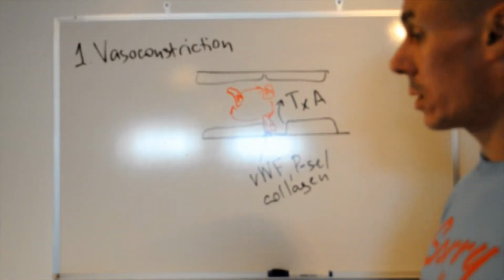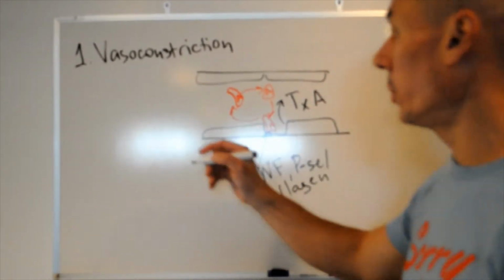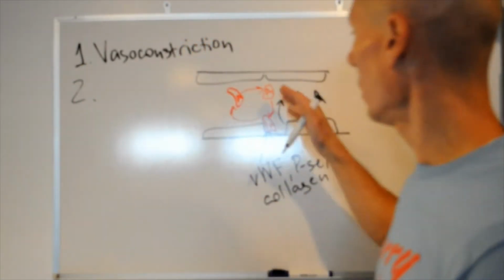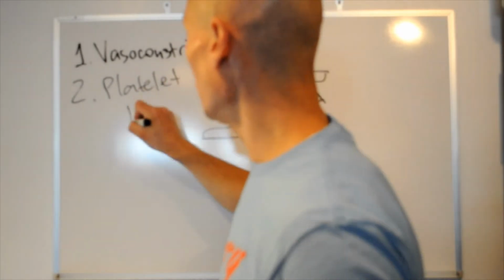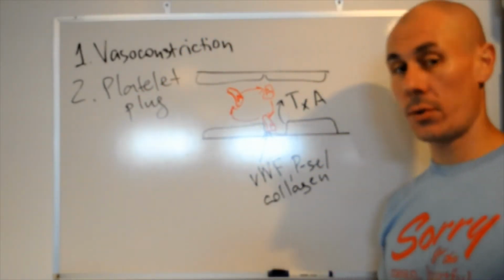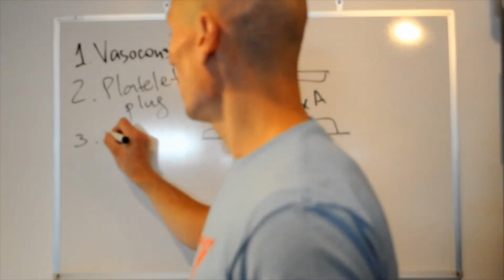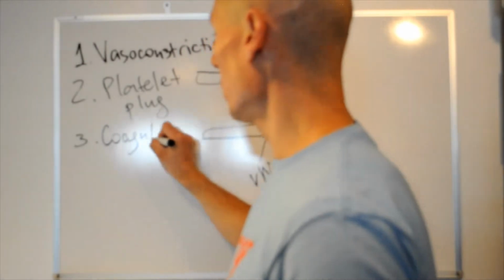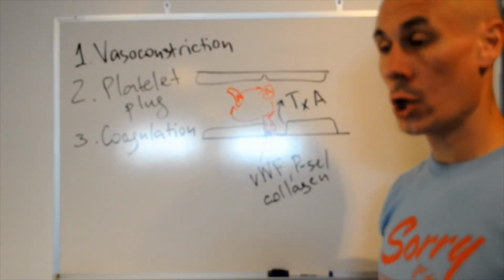So vasoconstriction, second, what we just described, the circular activation of platelets and formation of the platelet plug. And the third step of hemostasis, the third step of the vascular response to injury, is coagulation. And we're going to talk about coagulation shortly.